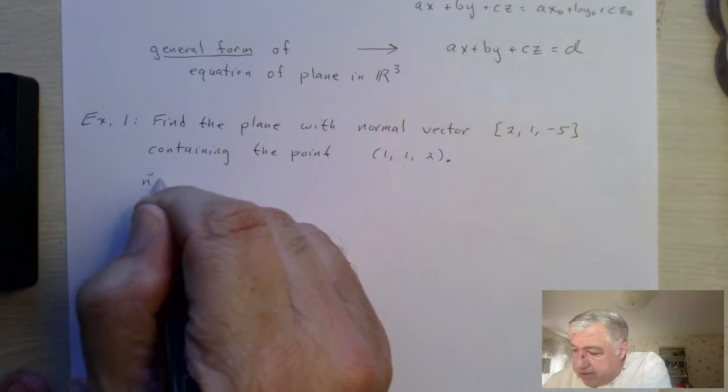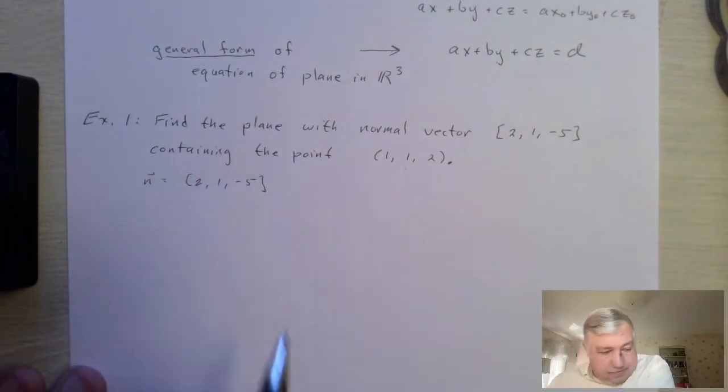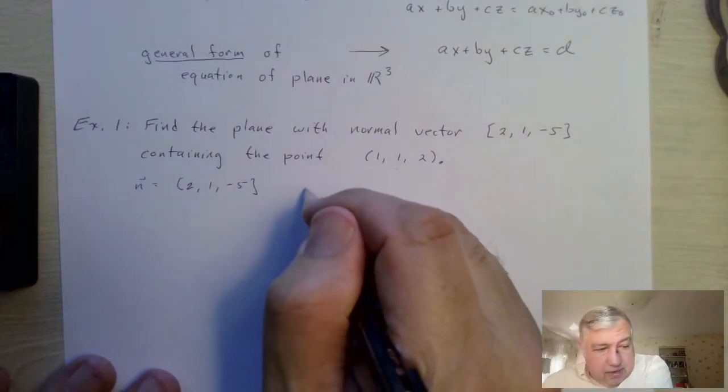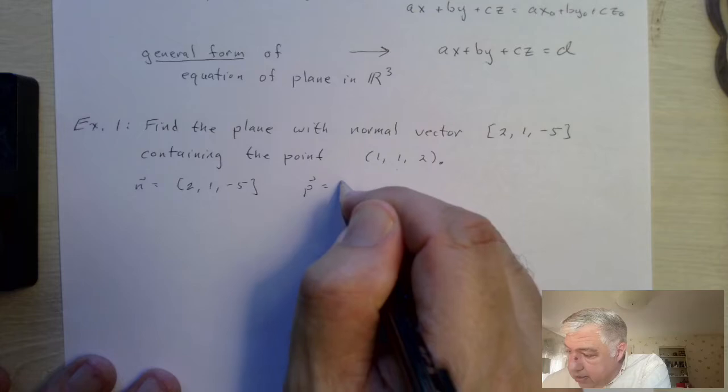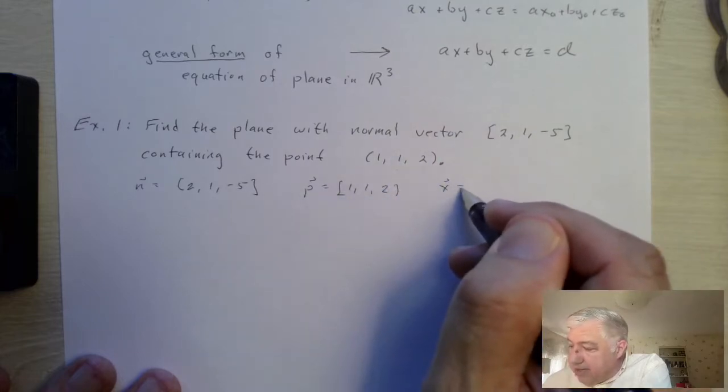So n is 2, 1, negative 5, and p is the vector 1, 1, 2, and x again is x, y, z.